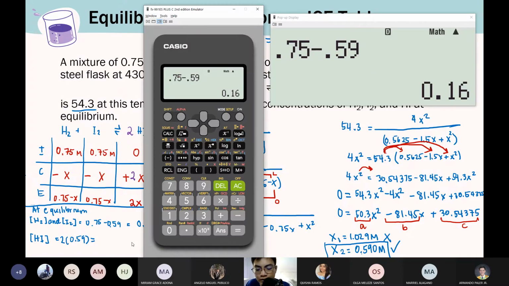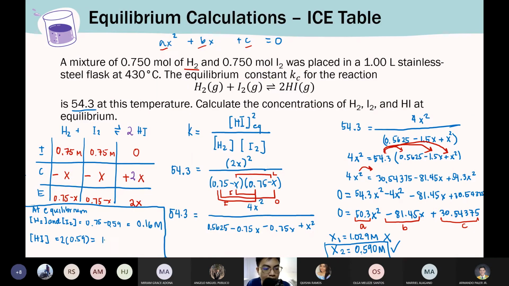Ano sagot doon? 1.18. So, yun yung kanilang mga concentration. Okay? So, for H2 and I2, they are the same, 0.16. While for HI, that's twice the x we chose earlier. Okay? So, it's 1.18 molar. Ay, salamat sa Diyos. Tapos na tayo.